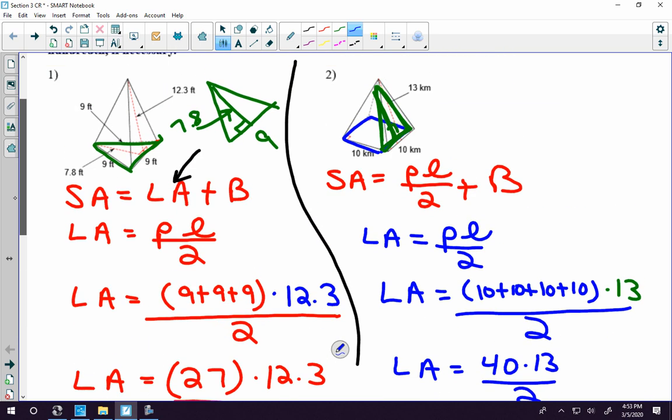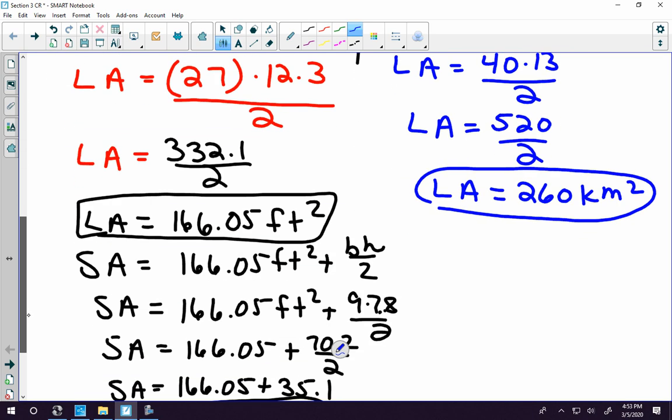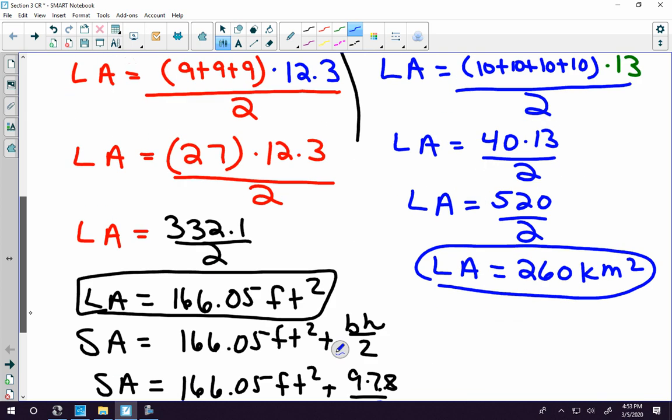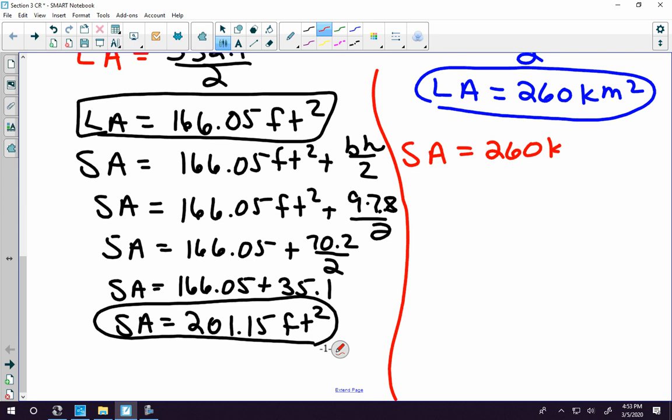Another way of saying that is the area of the 4 triangles around would be 260 square kilometers. So now we have the lateral area portion of our total surface area. So now we've got to add on the area of the base. We're going to take our lateral area answer and add on the area of the base, or big B. Well, the base is a square, so the formula for the area of a square is side squared.